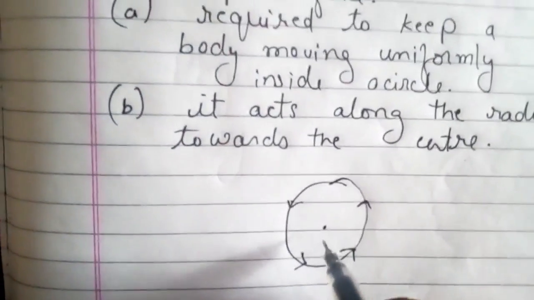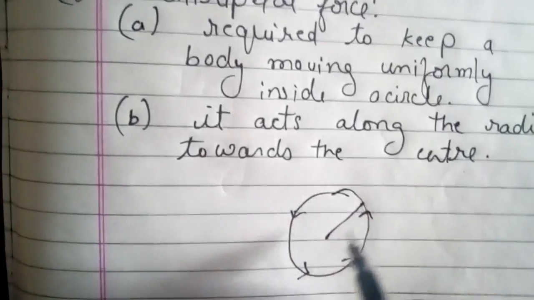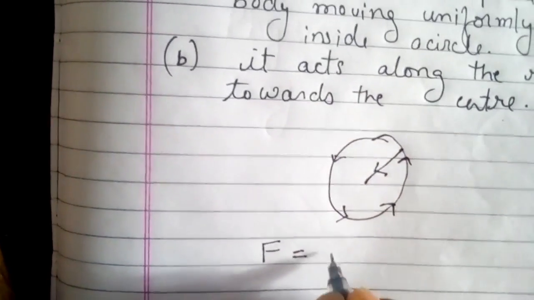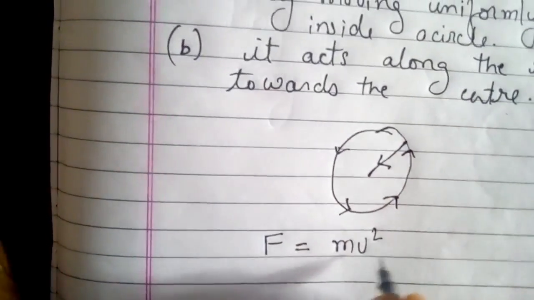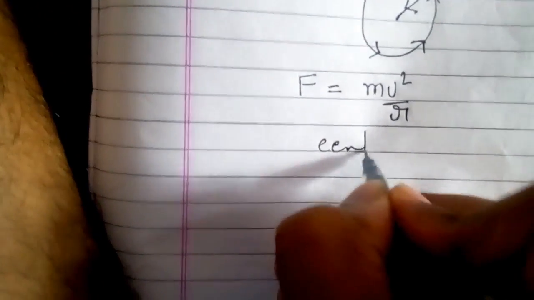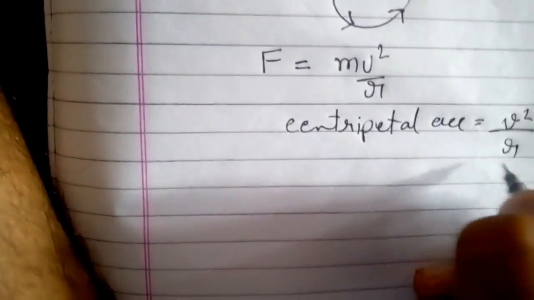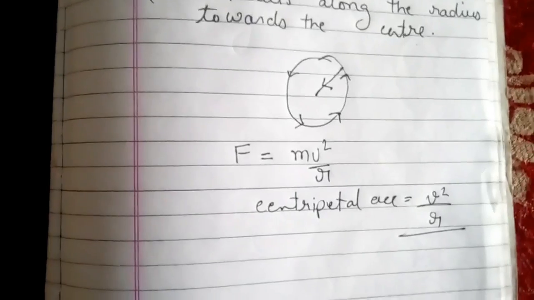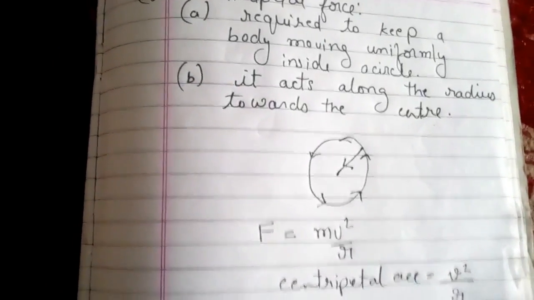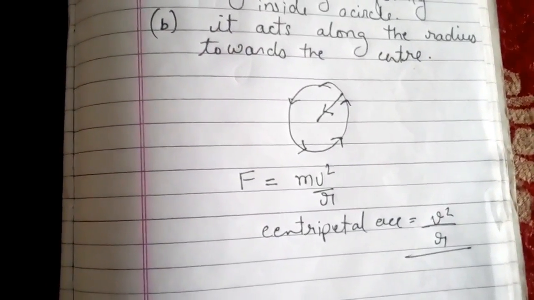Centripetal force acts along the radius towards the center, and mathematically it is represented as centripetal force, mv square upon r, where centripetal acceleration is v square upon r. So it is nothing less than a force required to keep a body moving uniformly in a circle.